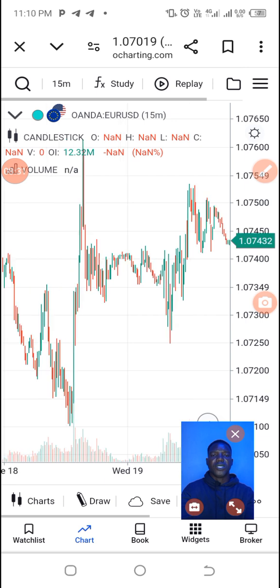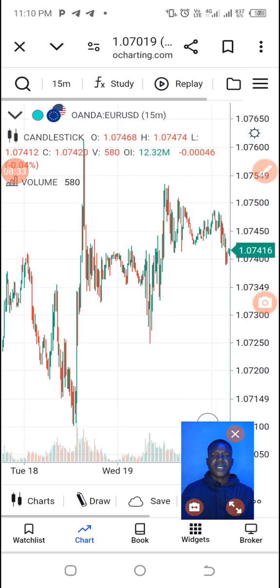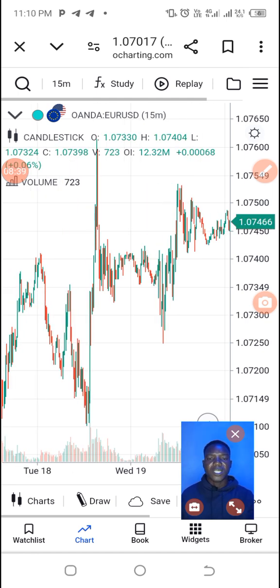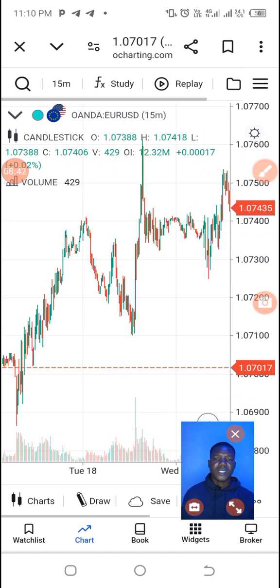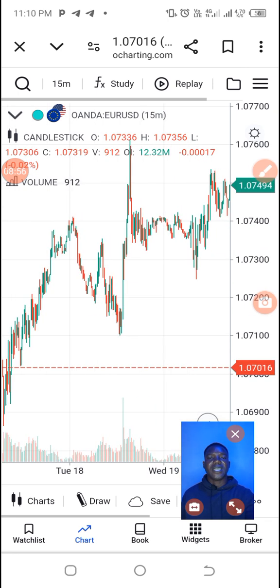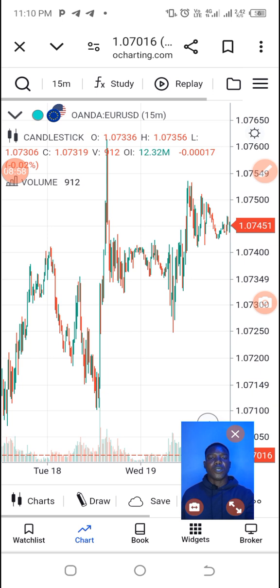So let me just bring this together so we can see clearly. We can see how it started consolidating at this point. But firstly, there was a running out of liquidity. Look at this move. And then it rallied up, ran out these stops.